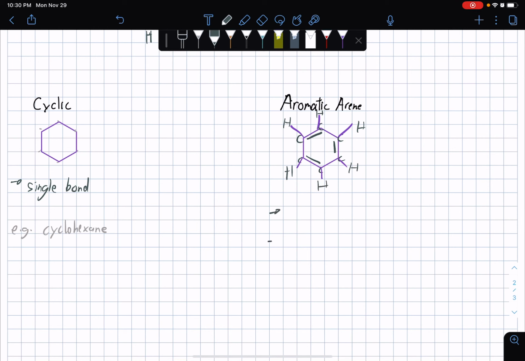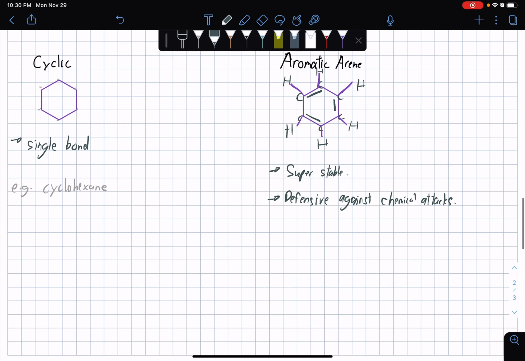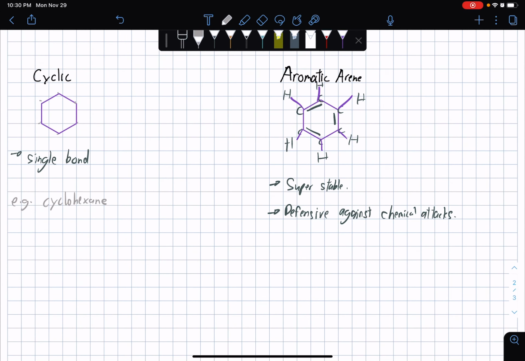There are 2 basic characteristics that define aromatic arene. Aromatic arene is super stable, and it's really defensive against chemical attacks. One example for aromatic arene is the benzene ring.